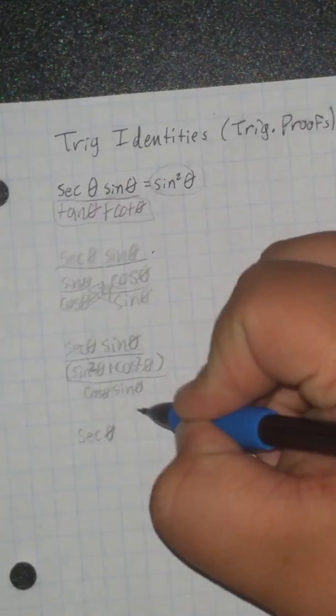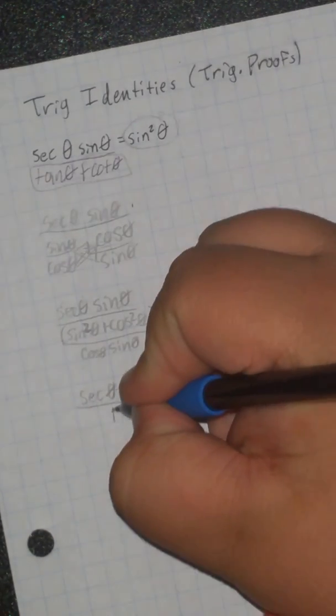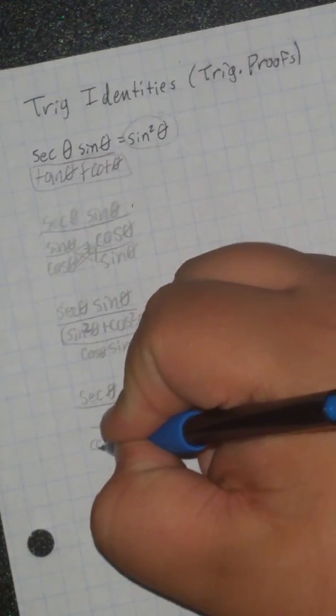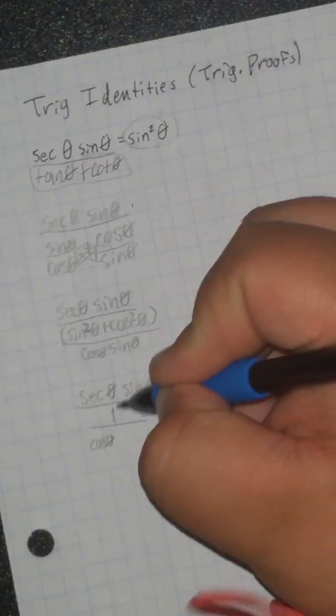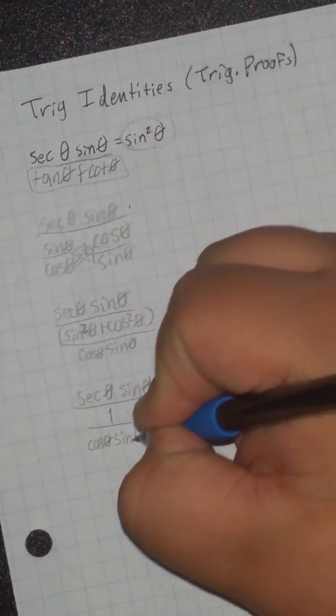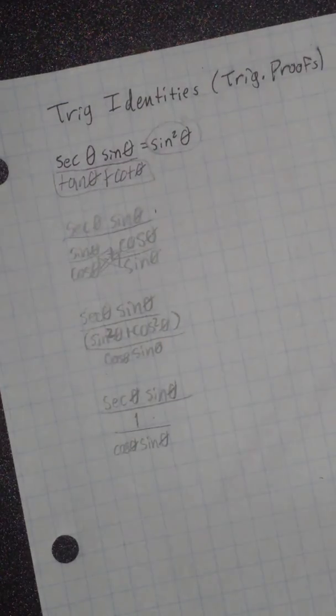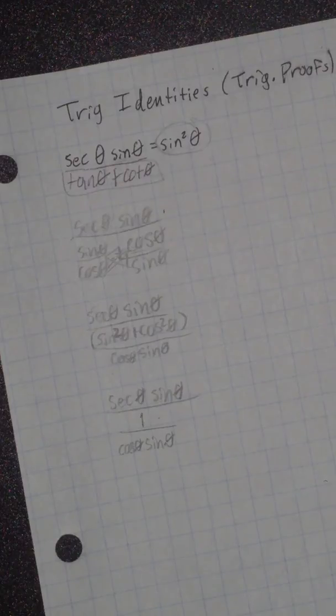secant of angle theta times sine of angle theta over 1 over cosine. I'm going to stop saying angle theta and just say sine, cosine, whatever, because at this point the angle theta is pretty much implied. So this will be what you're working with now.